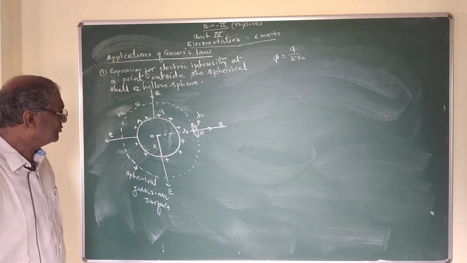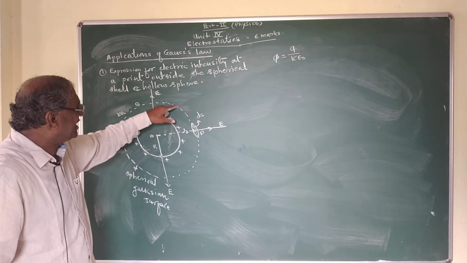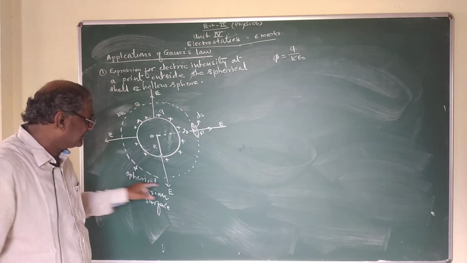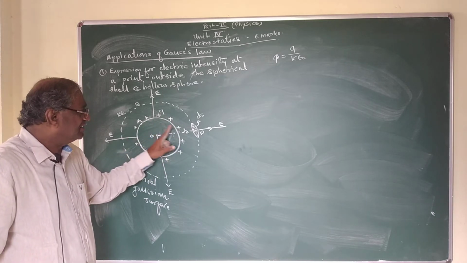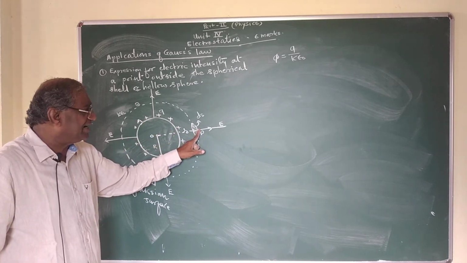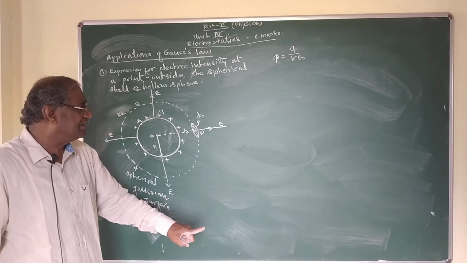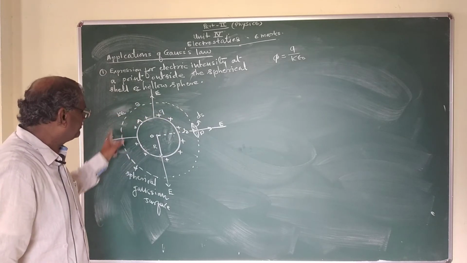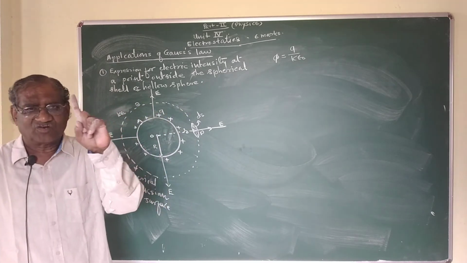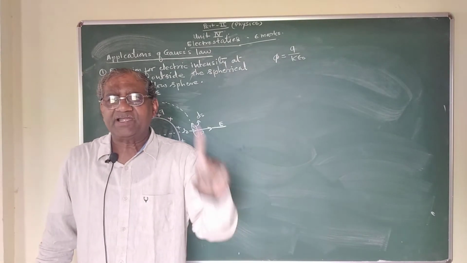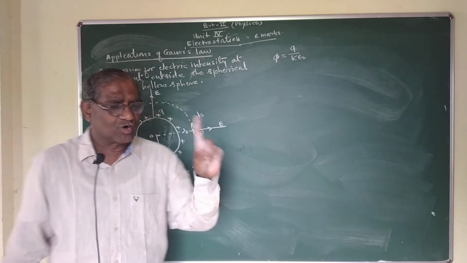Now by the symmetry of the spherical Gaussian surface with the given charged sphere, the magnitude of electric intensity at every point on the spherical Gaussian surface is always constant, but the direction of electric intensity is radially outward.